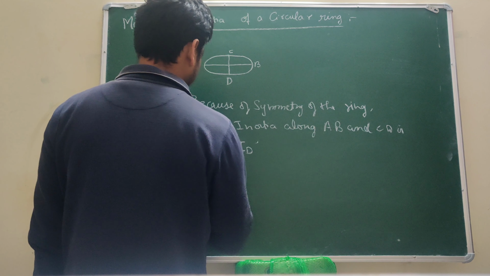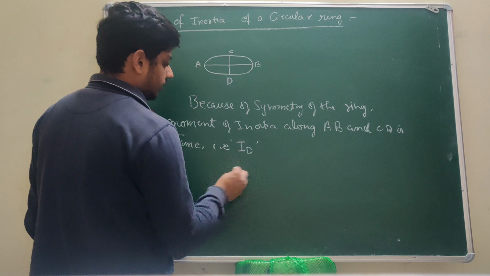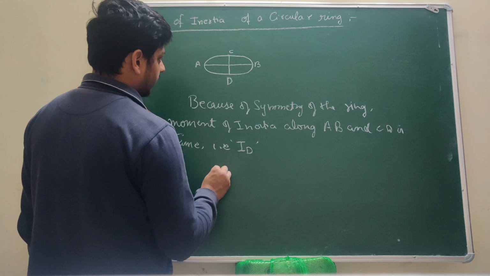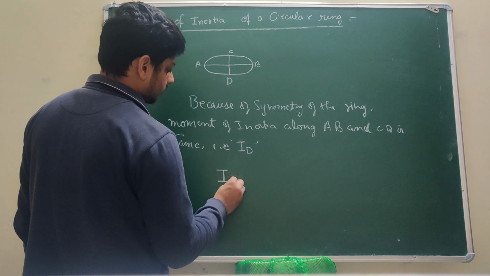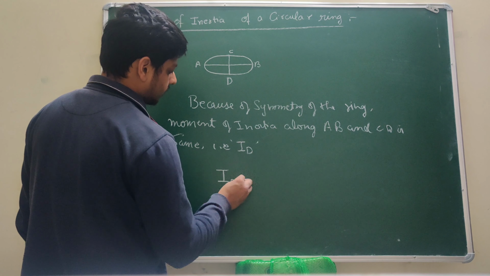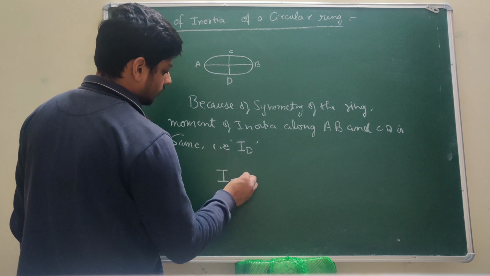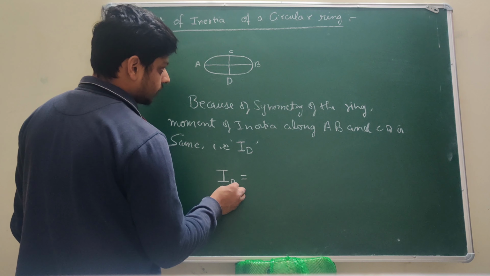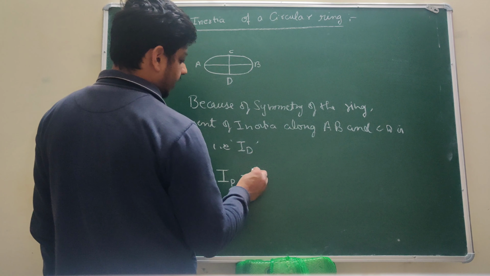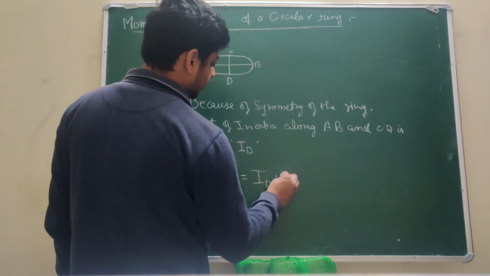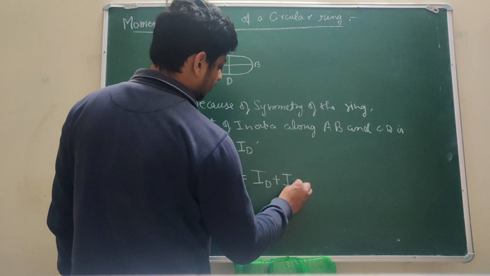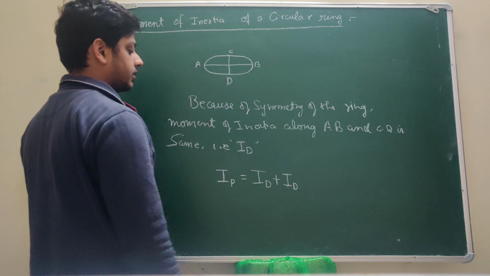So this is the moment of inertia along the perpendicular axis, and the sum of the moments of inertia along the diameters is this.